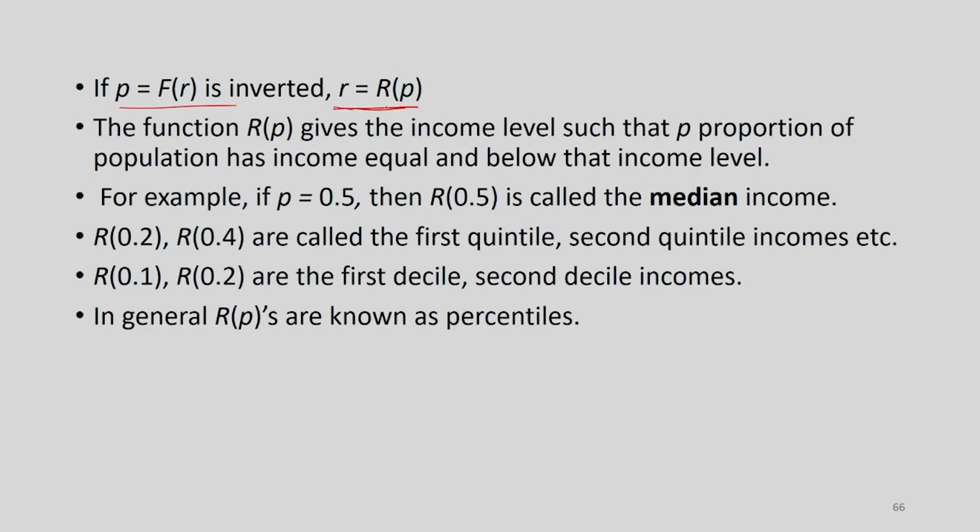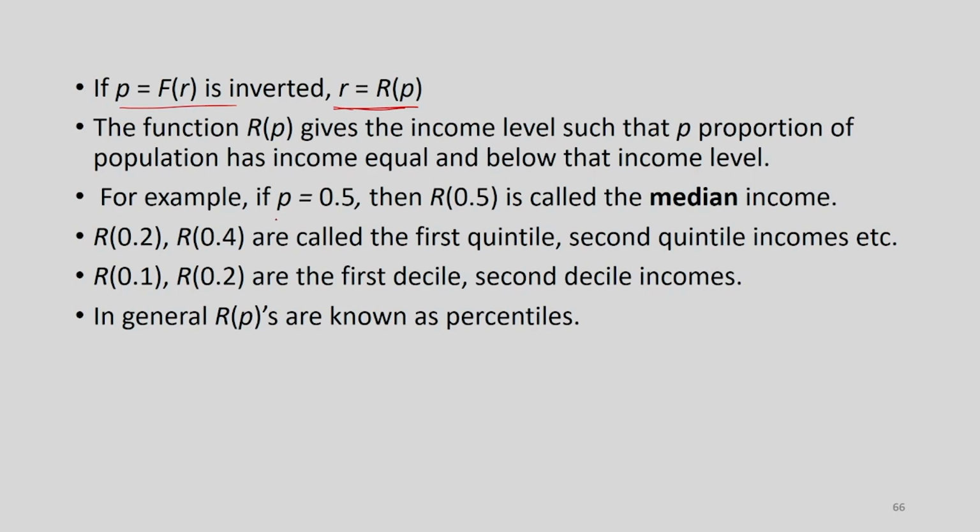Now, what does this function signify? This function capital R(p) gives the income level such that p proportion of the population has income equal to or below that income level. So, you give me one fraction p, and I will give you that income level such that p proportion of the population earn their income below that r.